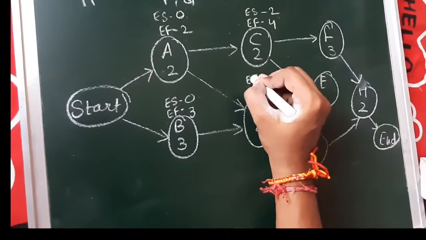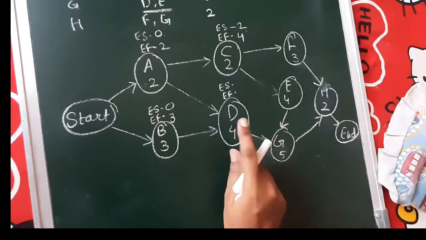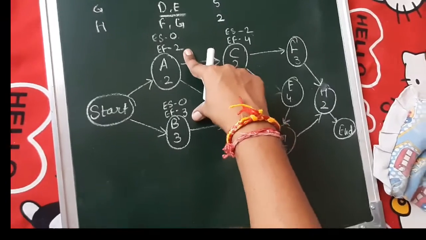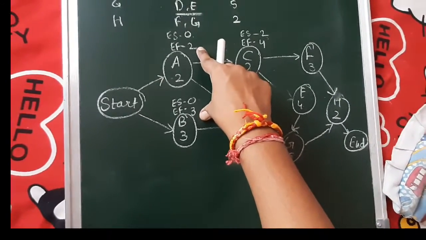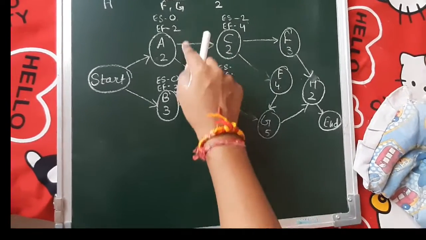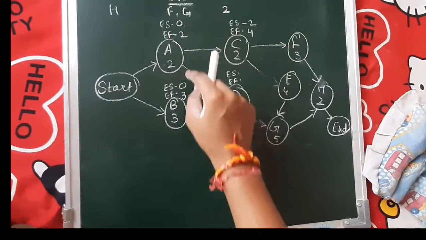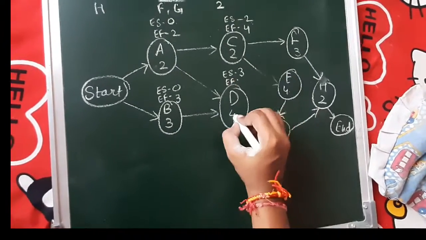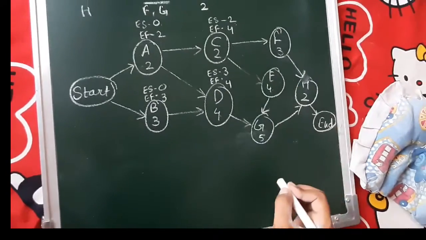For D we have two preceders. So when we have two preceders, we have to concentrate on which is the bigger one, 2 or 3. For early start, we always refer to the bigger number. So it's 3. 3 plus 4 becomes 7.